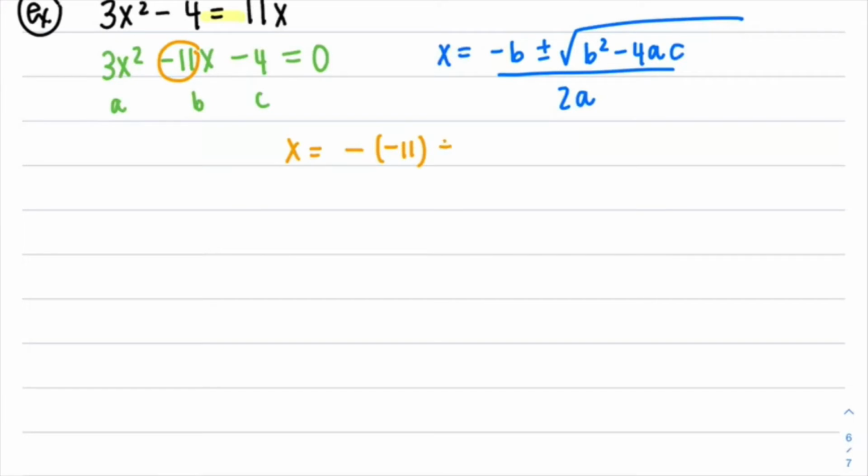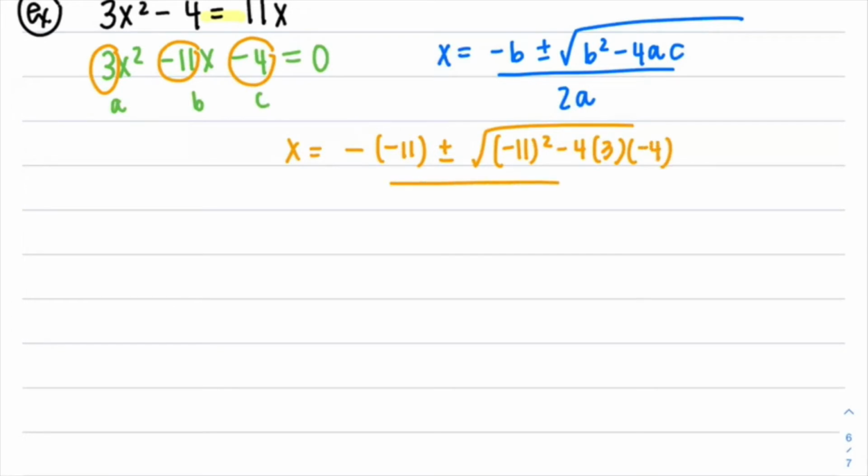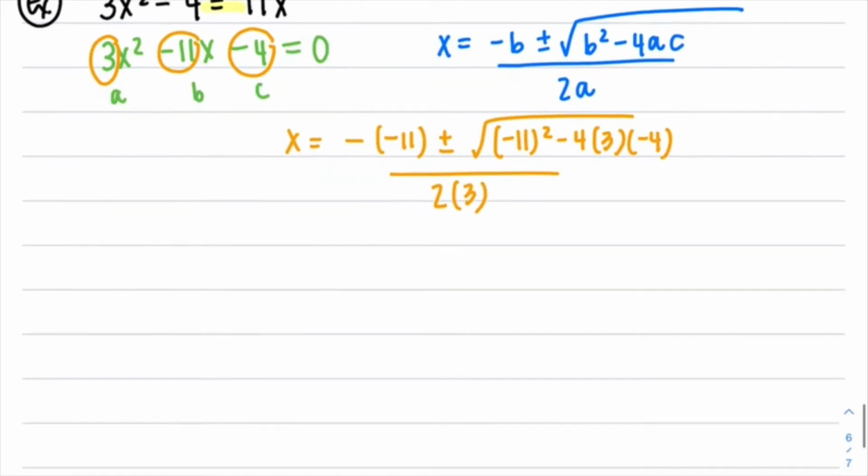So negative 11 plus or minus, and that's going to indicate that we have 2 answers. And I'll show you in a bit. Square root of b squared, so negative 11 squared minus 4 times a. A in this case would be 3. And then times c, and again, take the sign with that, so negative 4. And then all over 2 times a, which is 3.